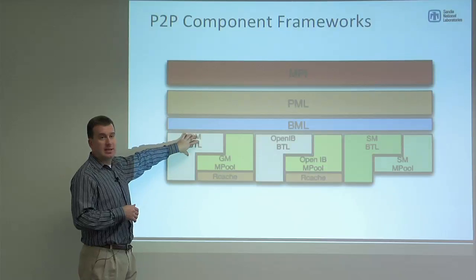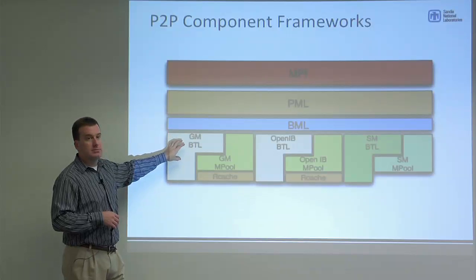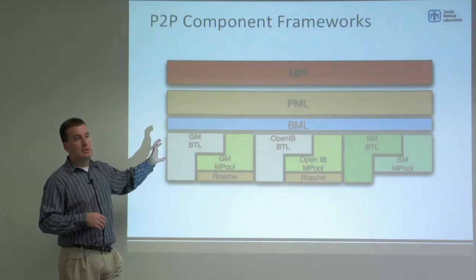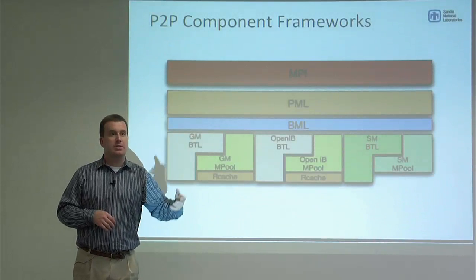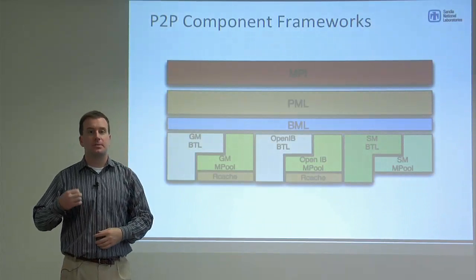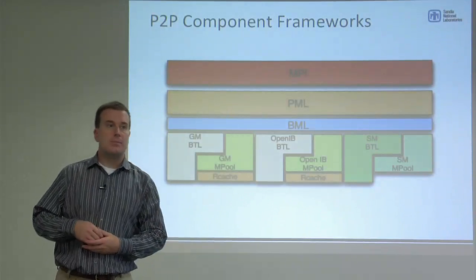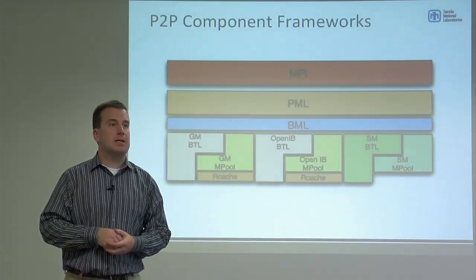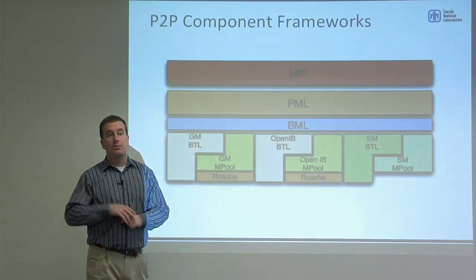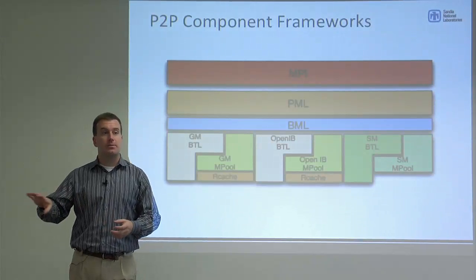And 2, it makes the design of these BTLs a heck of a lot easier. The BTLs are reliable in that a given send will result in a receive callback occurring, and it will result in the right data getting there, but it doesn't guarantee ordering. But yes, if you have multiple BTLs from process A to process B, whether they both be the same type, TCP, or they both be different types, i.e.